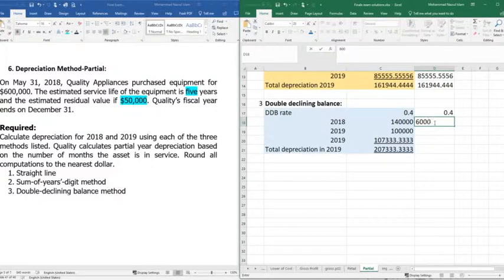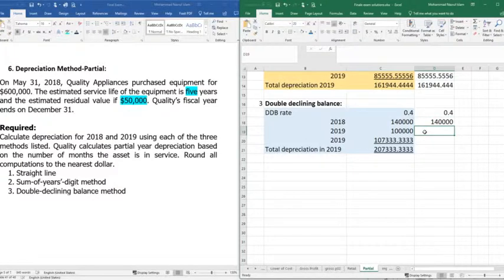So that is 600,000 multiplied by 0.4, 40%, multiplied by 7 over 12, as it is 7 months in 2018. So this is how we get the depreciation for 2018.